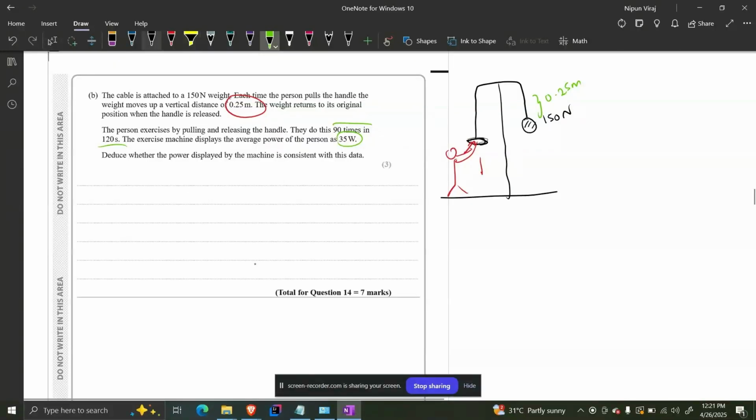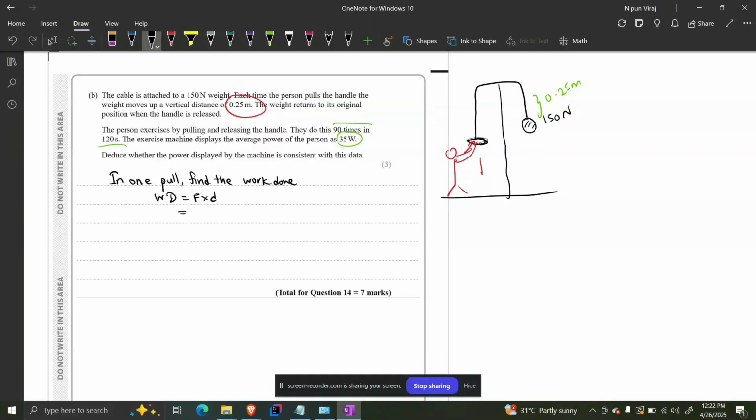Okay, so what we can do is find the work done in one pull. Work done is equal to force into distance.